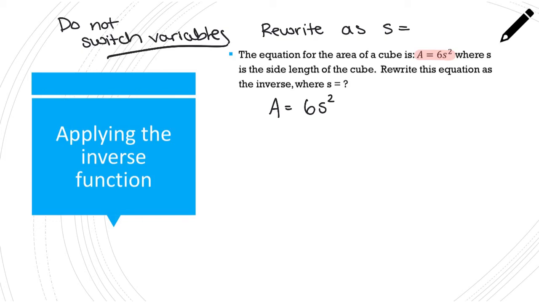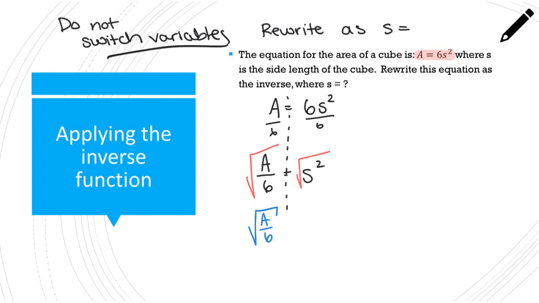Okay, so just like in the problems prior, I need to get S by itself, so I'm going to divide both sides by 6. So if A divided by 6 equals S squared, in order to get rid of that squared, I need to take the square root. So I am left with S equals the square root of A divided by 6, where everything is underneath the square root.